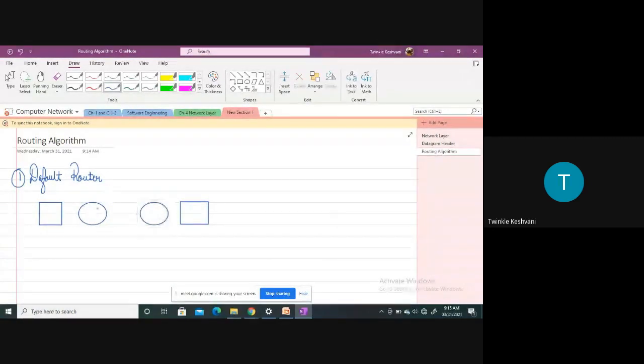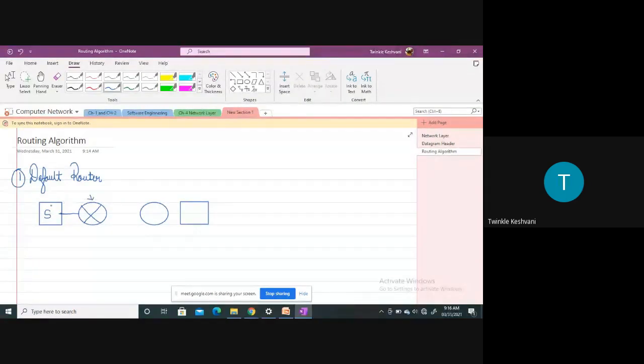So this router is referred to as a default router, right? That is, we can say that if the sender is sending some packet from their side, the router which is connected to the source point, to the host which is sending the packet, that router is referred to as a default router.